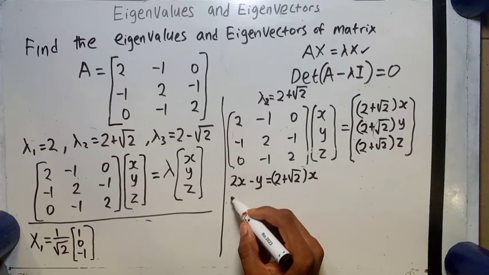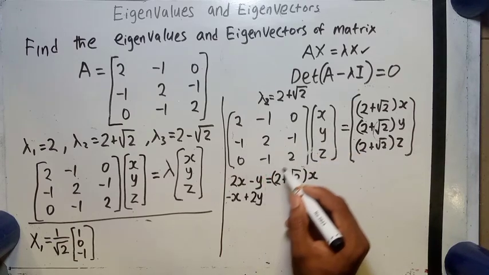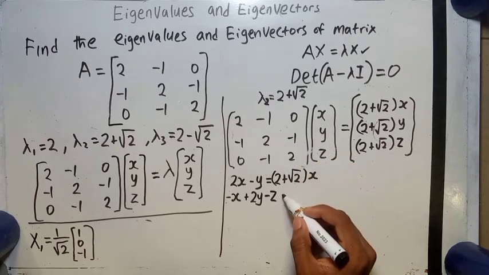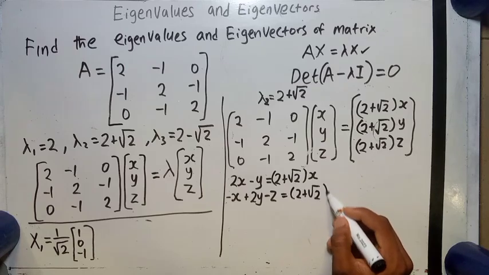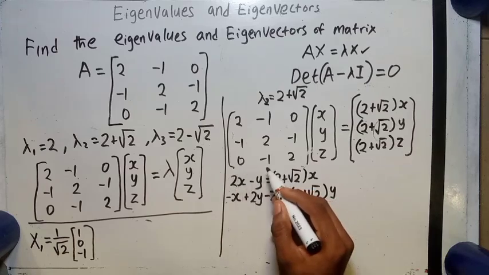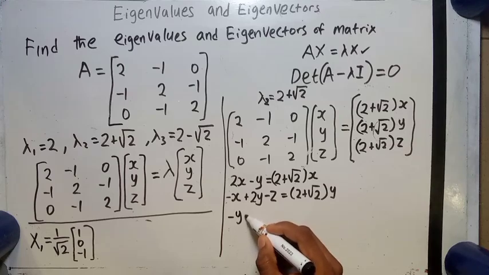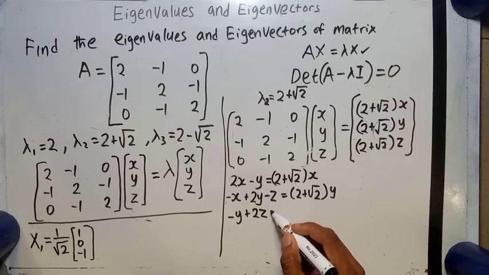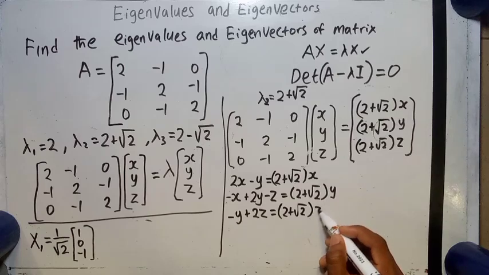And the next one, minus x plus 2y minus z, that's minus 1 times z, is going to give you 2 plus root 2y. The next one is going to be giving us 0, minus y plus 2 times this is 2z, all of this is going to be giving us 2 plus root 2z.